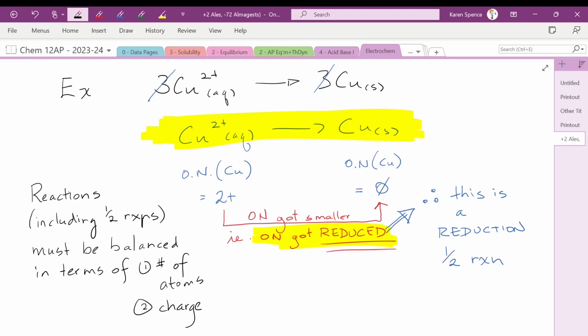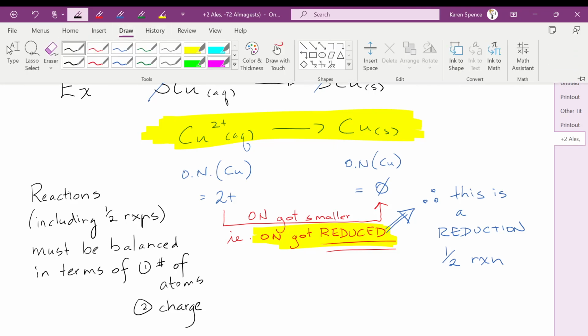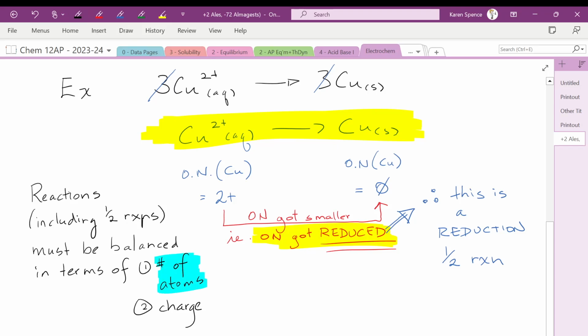So reactions, including half reactions, must be balanced in terms of not only the number of atoms, but also in terms of the charge. So the reaction up here is balanced in terms of number of atoms, but is it balanced in terms of charge? No. What could we add to make it balanced?